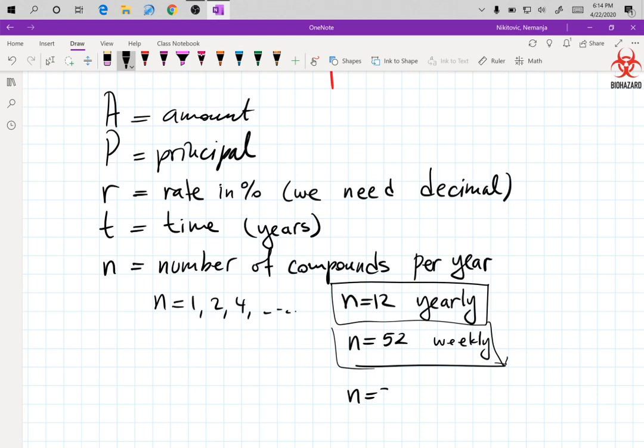For whatever reason, N equals 360 for daily. Yeah, we know that a year has 365 days, except when it has 366 days. But I guess banks operate on 360 and take 5 days off.